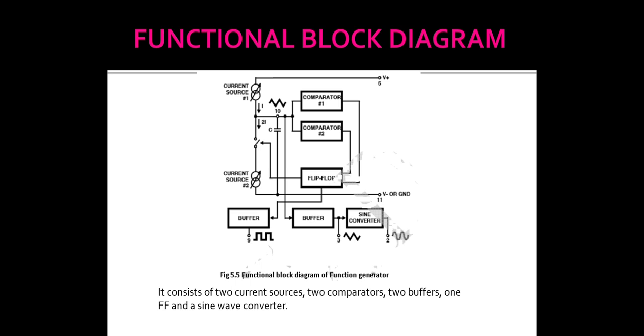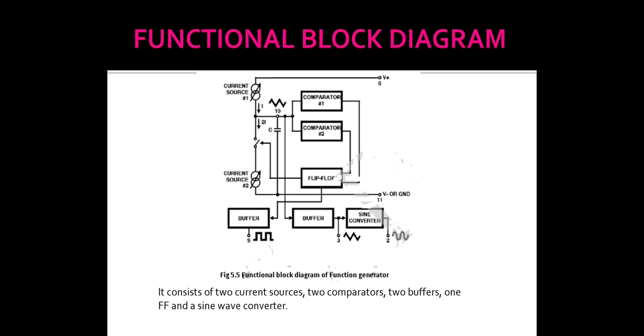We know the flip-flop output is either 0 or 1. The alternate 0 and 1 gives the square waveform. And at the second buffer output we get a triangular waveform. The input of this buffer is obtained across the capacitor. We know that a capacitor has a charging and discharging time.